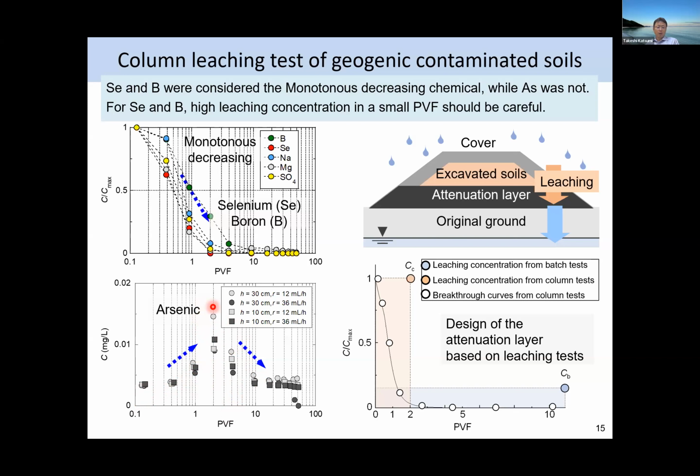So we have to make sure how long it will take for our embankments to get such peaks, comparing with our column test results. But it might be difficult, so we might use the highest values for the design.